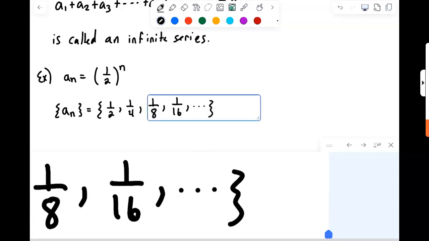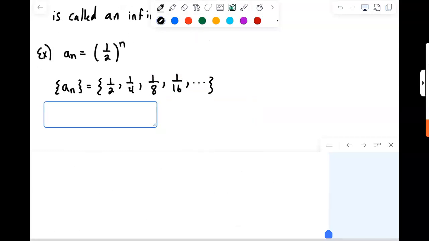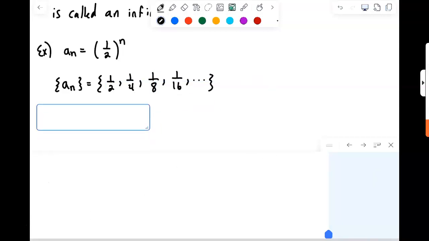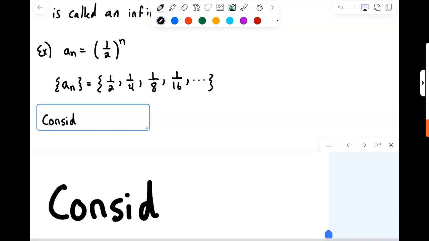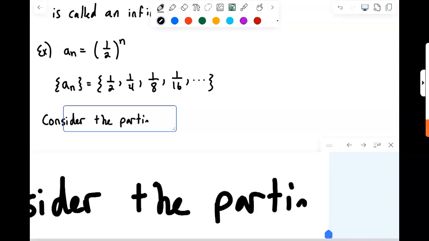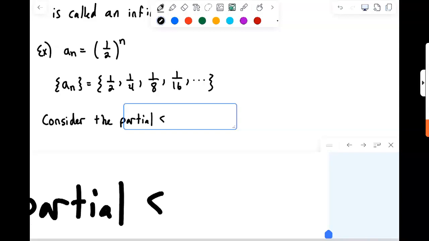To talk about the infinite series, adding all these terms up to infinity, we consider what we call partial sums.